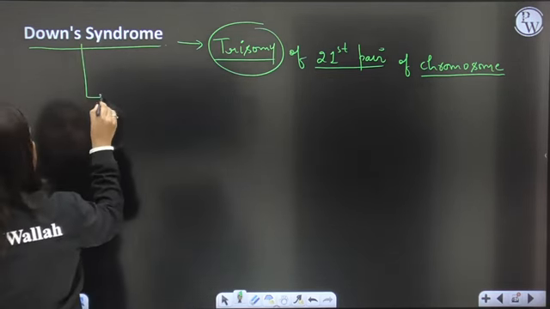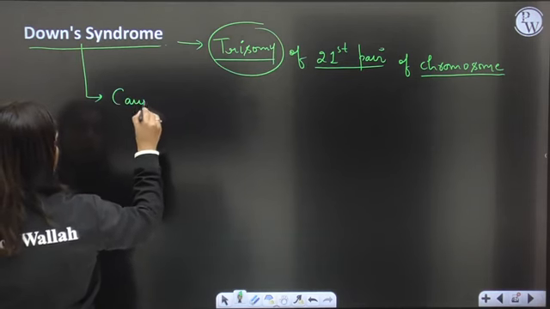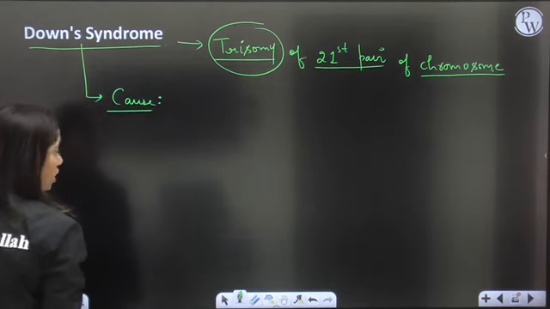And what is the cause of this sort of defect?